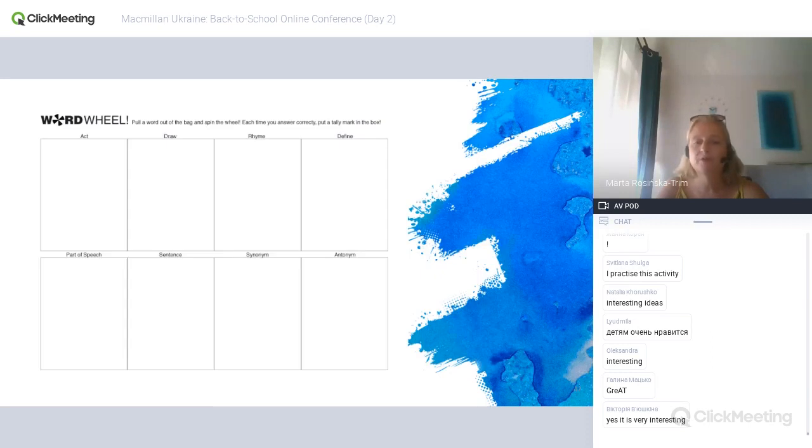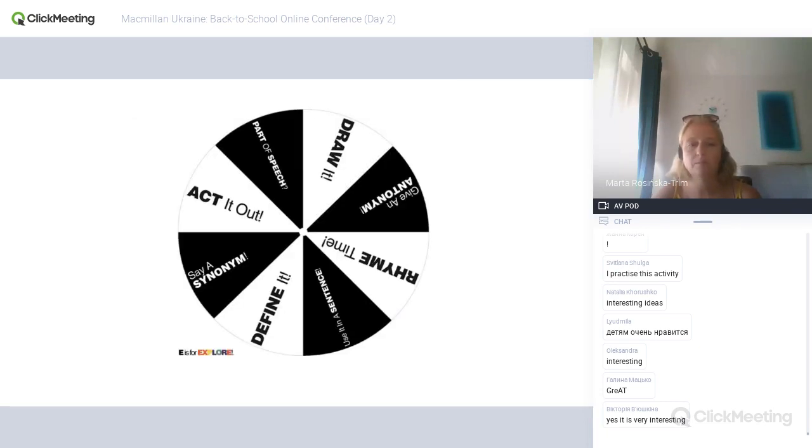Something I'm sure you're familiar with, I may have shown this to you as well, word wheel. Does anyone remember this? Before, I think I've shown you this using dice, where different dots on the dice correspond to different tasks that your students have to perform. Since then, I have been using both dice, but also these spinners.